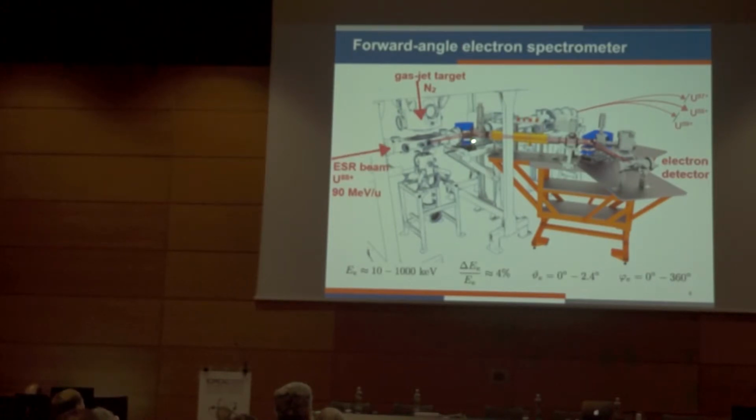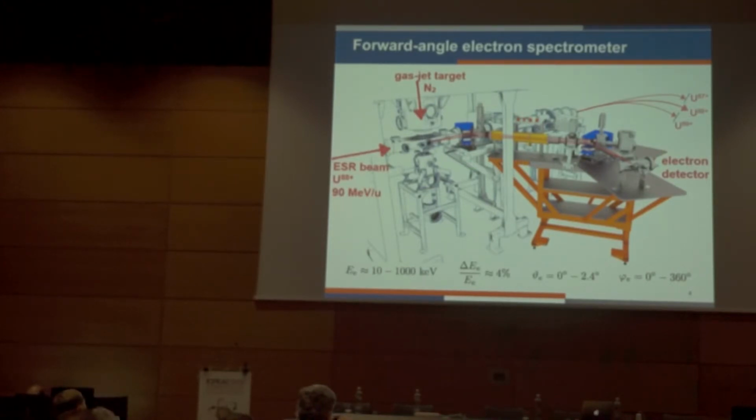And then by setting the magnetic rigidity of the spectrometer, we can select 1 momentum of electrons that is guided onto the detector. Now the geometry is like this, that the angular acceptance is 2 pi for the azimuthal angle, and the electrons are emitted from 0 to 2.4 degrees that we can detect.